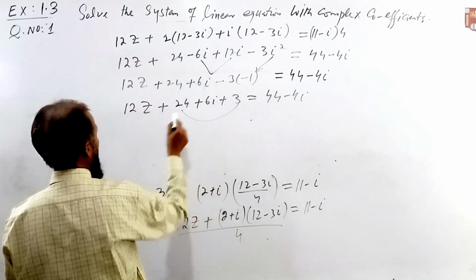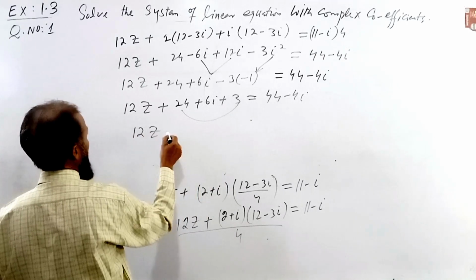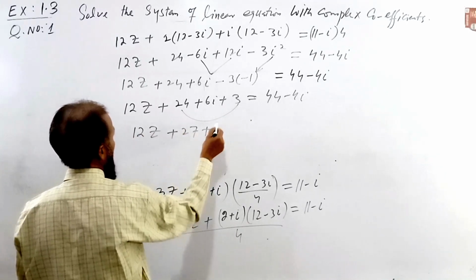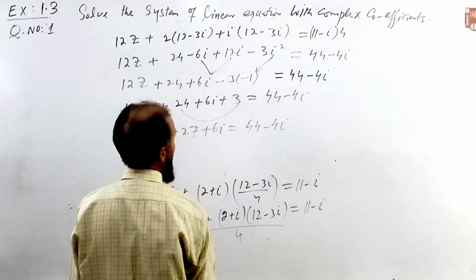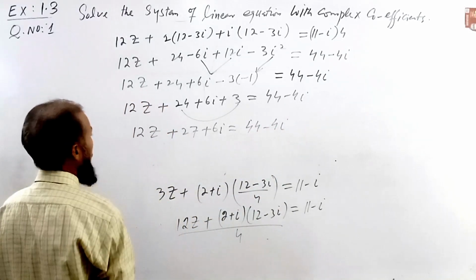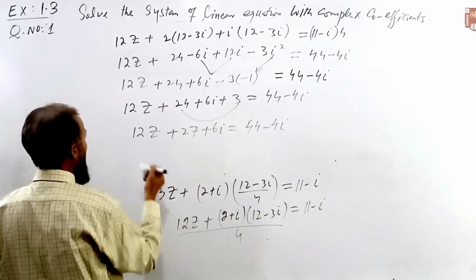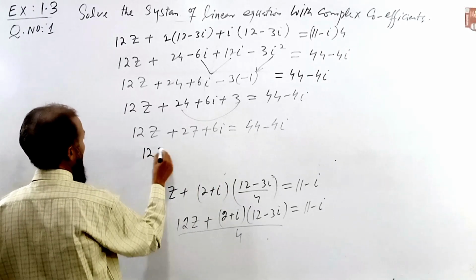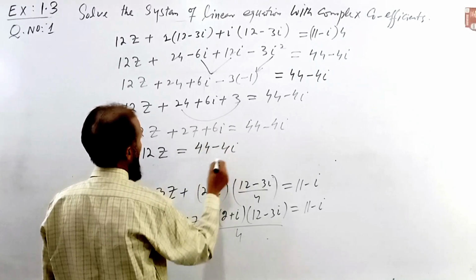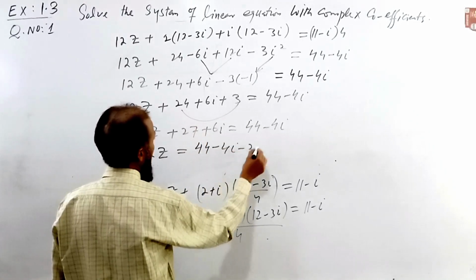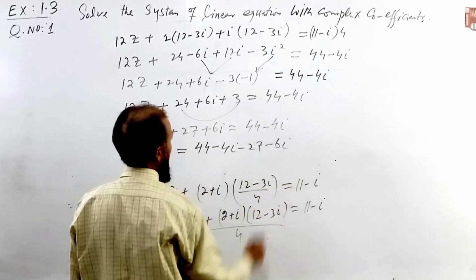Now 24 plus 3 we get 12z plus 27 plus 6 iota is equal to 44 minus 4 iota. Now we change this value to the right side, so the sign is also changed: 44 minus 4 iota minus 27 minus 6 iota.